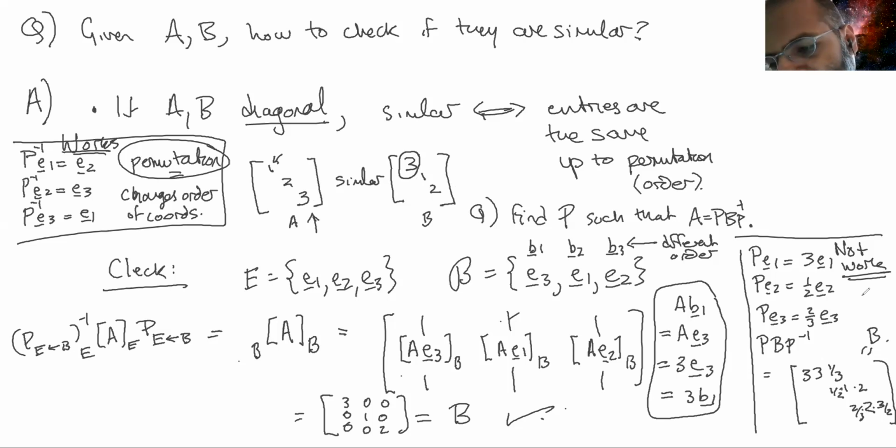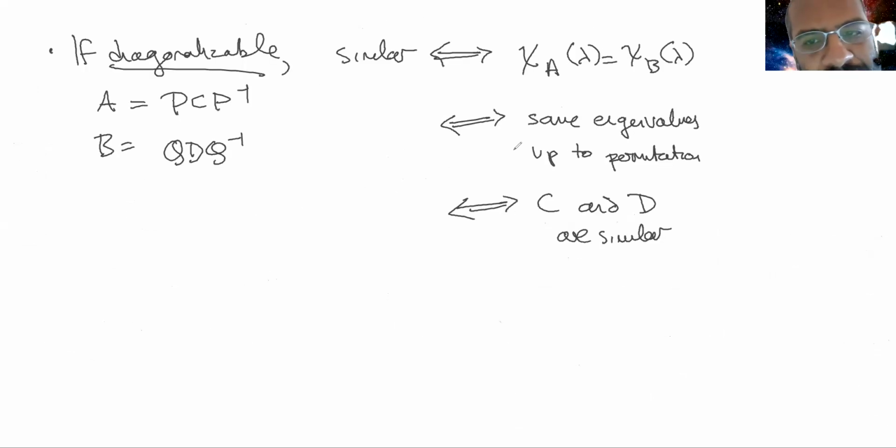Hi, do you have a question? Yes. I believe that the proof that if two matrices are diagonalizable, their eigenvalues carry over.